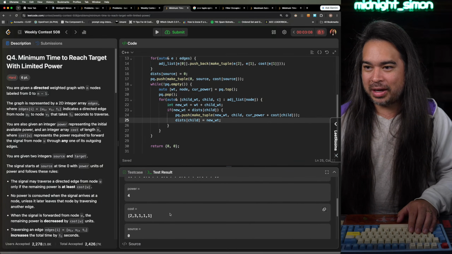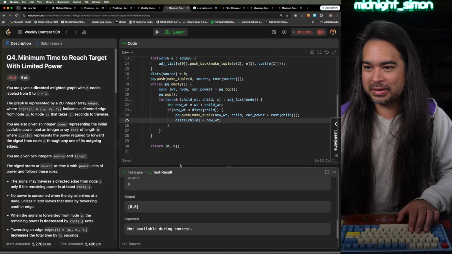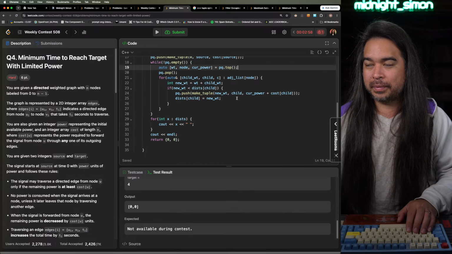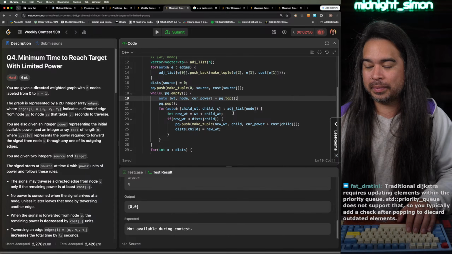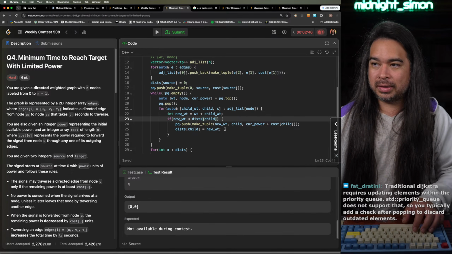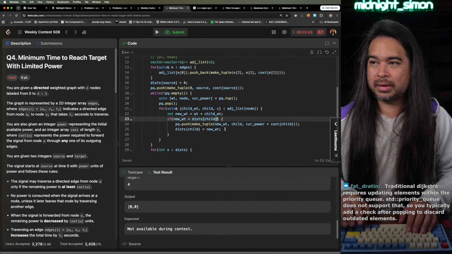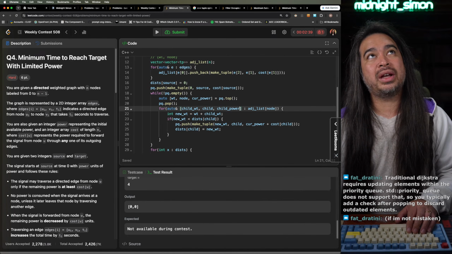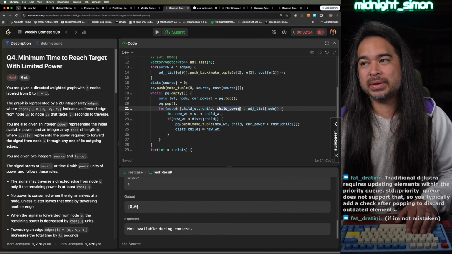Alright, so everything actually compiles. That's nice. But now the current power. So I guess we can say, like, what is this? The child's power. I don't know how to deal with these power things right here, man.